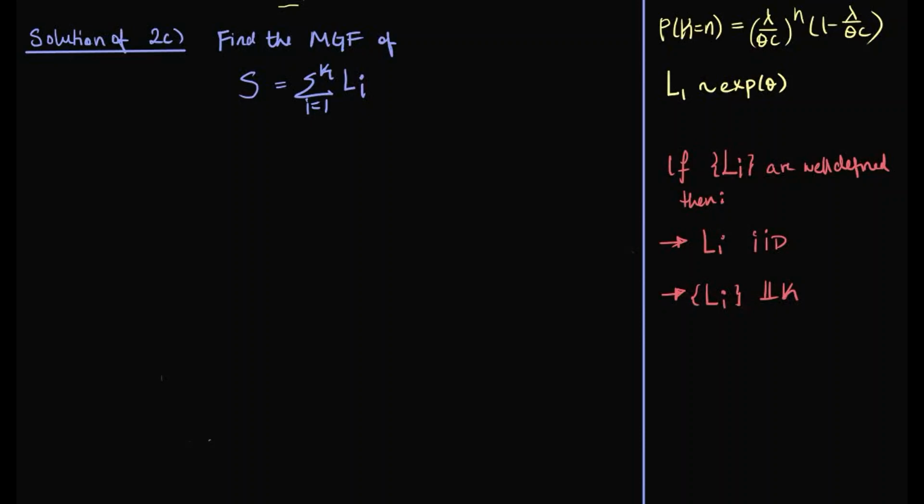We are now in 2C, where we would like to find the moment generating function of S. There is actually an interesting thing here if we think about S, because S is defined as the sum of observed ladder heights.